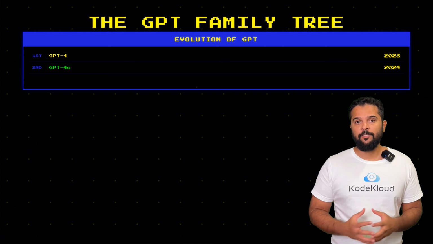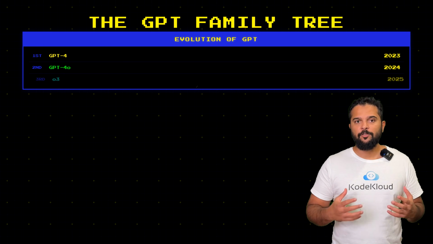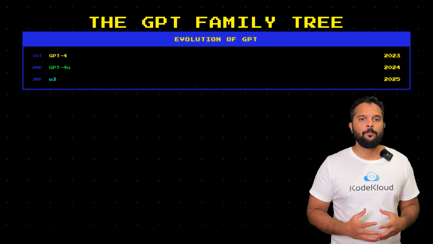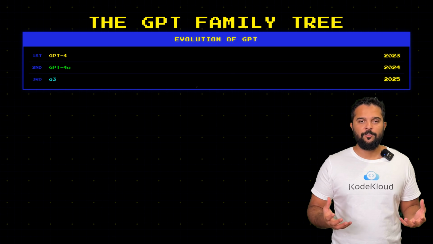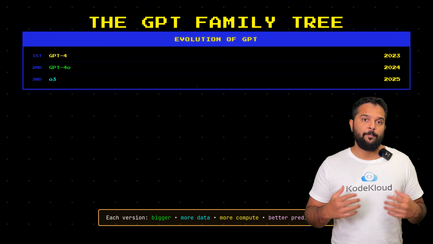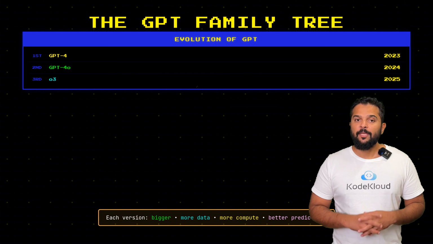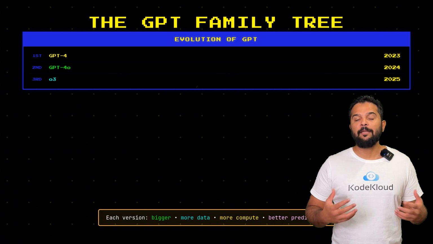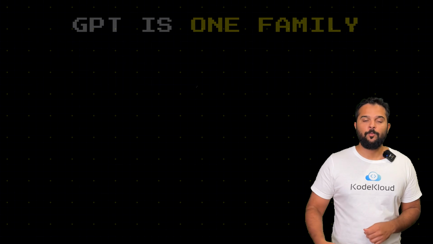GPT-3.5 arrived in 2022 and powered the original ChatGPT launch. GPT-4 came in 2023 and was much more capable, with the ability to understand images too. And GPT-4o launched in 2024, faster and with better voice and vision capabilities. Each version was bigger, with more training data, more computing power, and was better at predicting the next word.